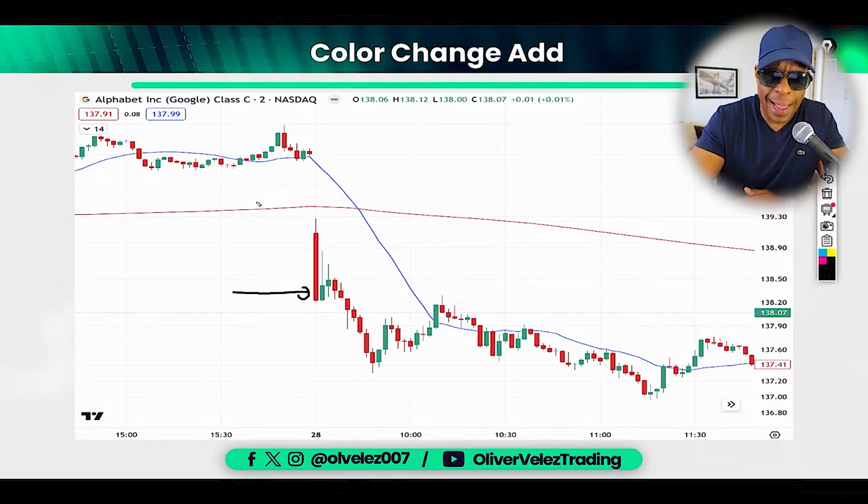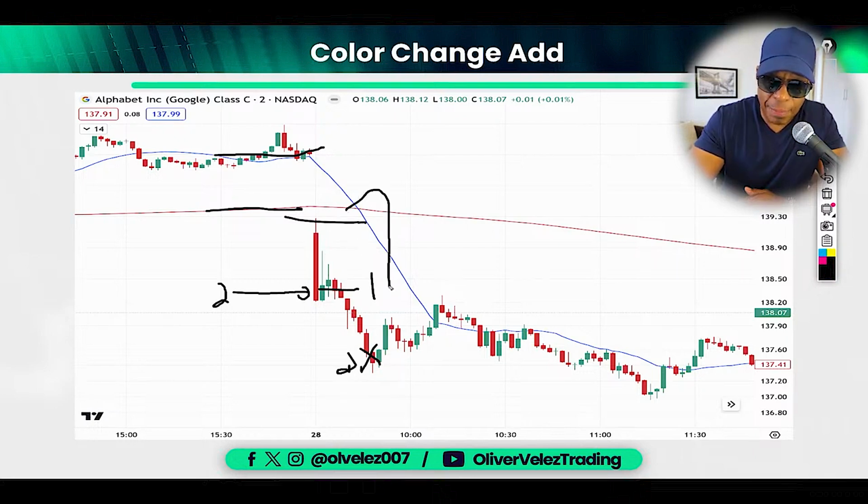Power bar. Here's your state. Here's your position. Power bar entry. Stop. Color change add. Profit take on 2. Move stop to break even. Let the rest ride.